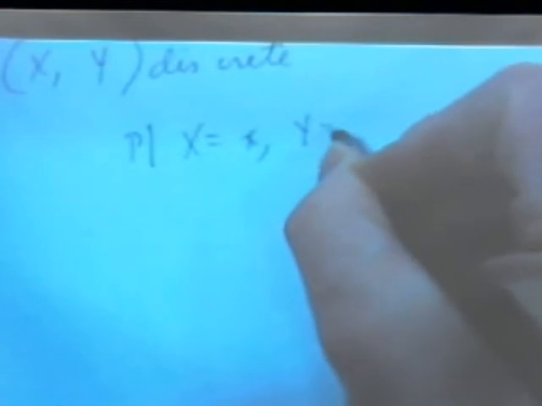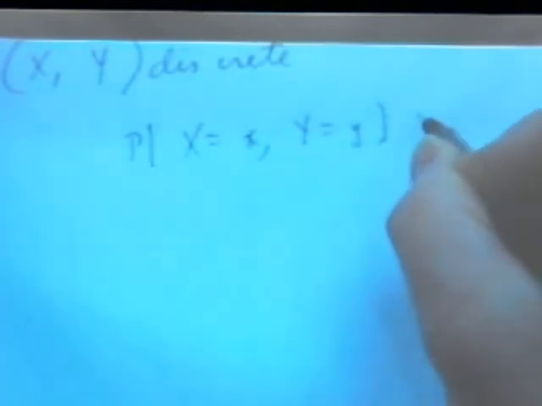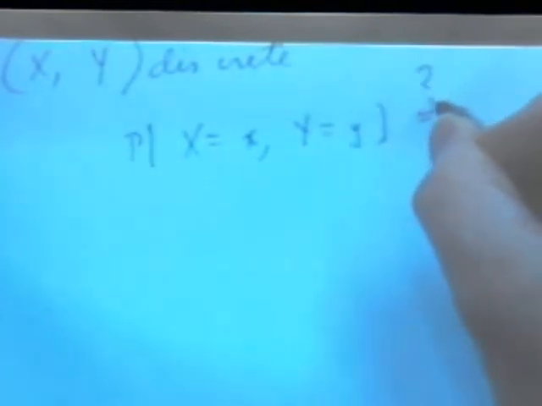If you're looking at paired data and they're both discrete, then you can test for independence. And this is independence, right?